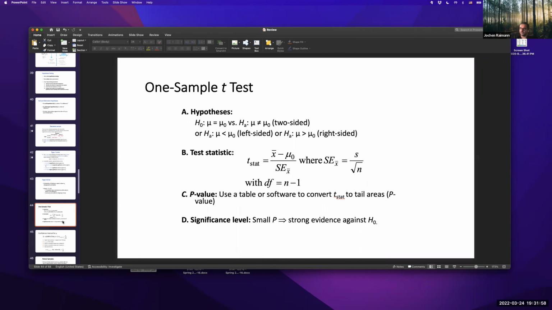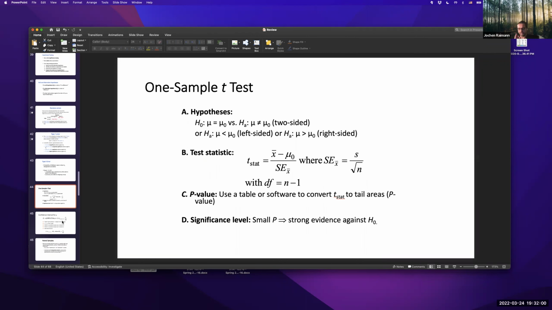Then we have the one sample t-test. The difference between a z-test and a t-test is that for the z-test, you have the standard deviation given from the population. For the t-test, you don't have the standard deviation given and you're estimating it from your sample.